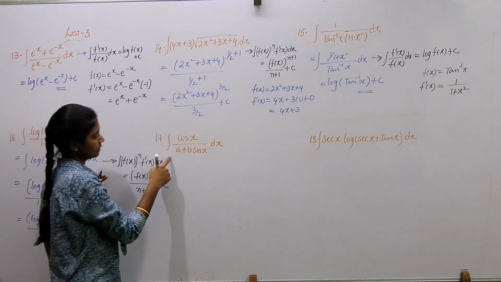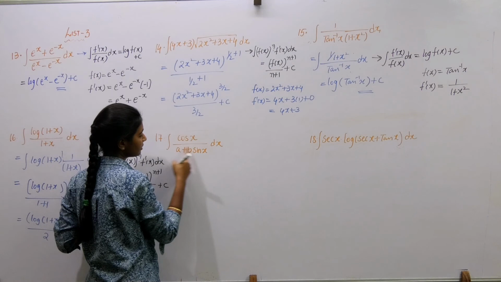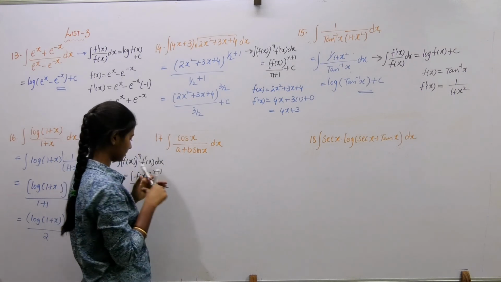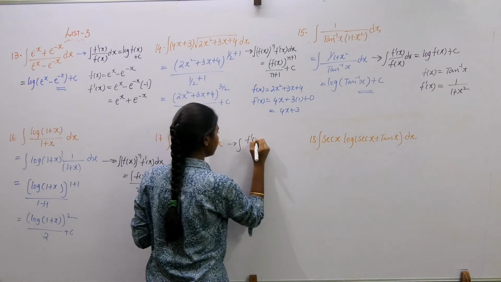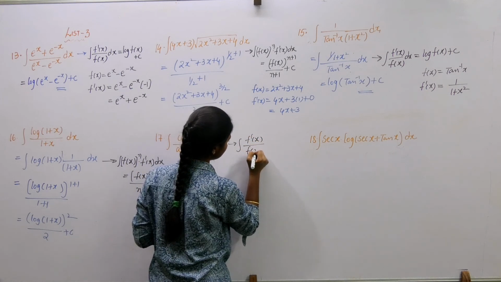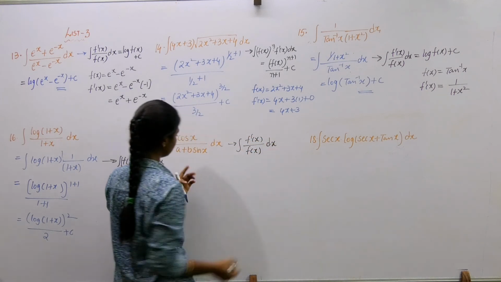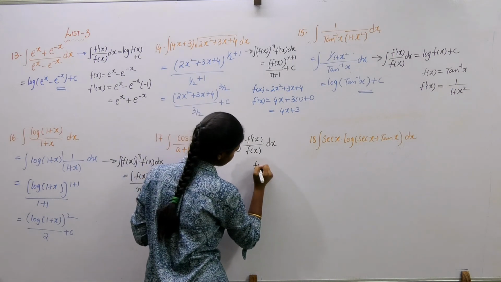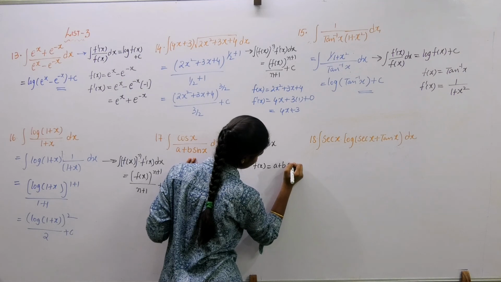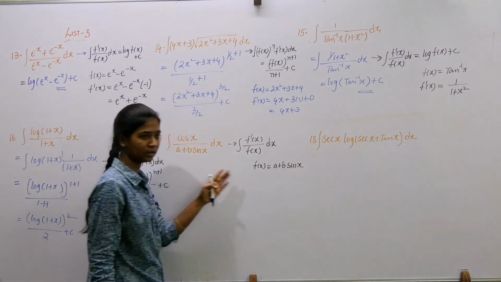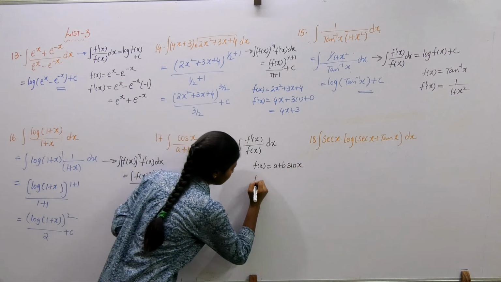Next, 17th one. Integral cos x by (a plus b sin x). This is in the form of integral f dash of x by f of x dx. Here f of x is equal to a plus b sin x. Now f dash of x.